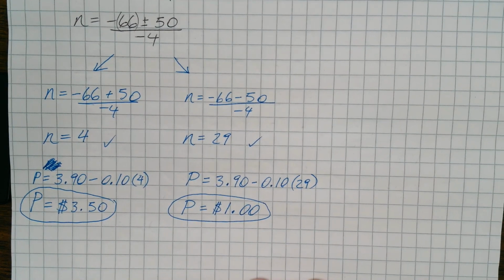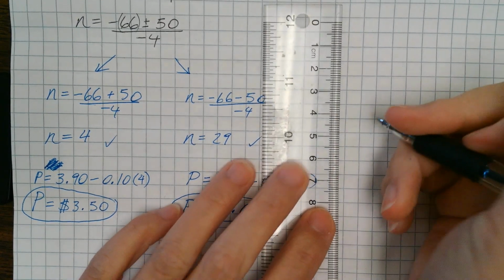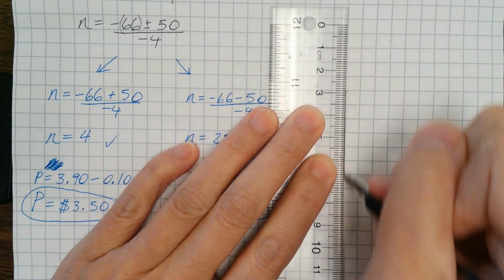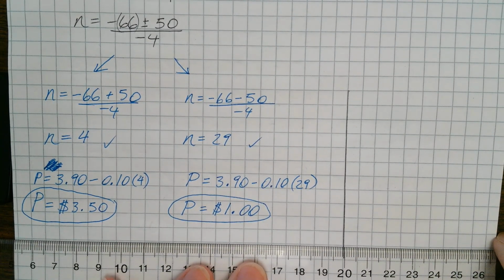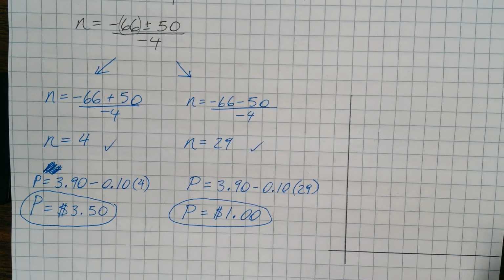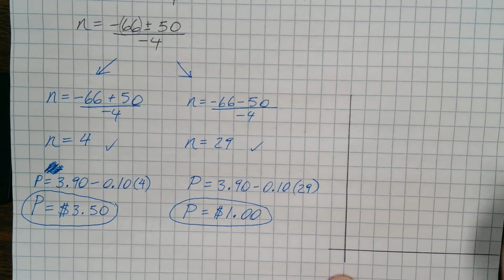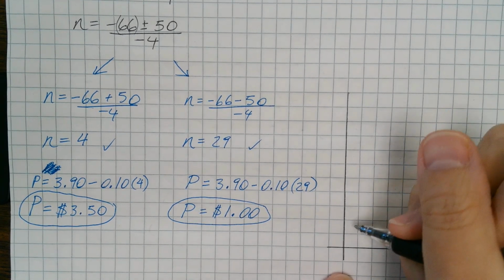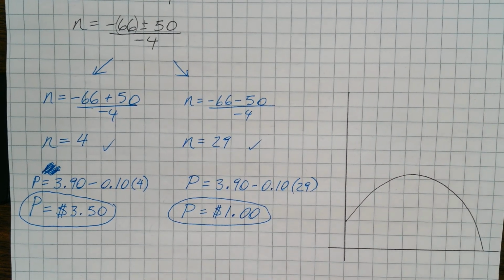Why is that? Why are we taking both answers? How does our graph look? Okay, so your parabola looks something like this.